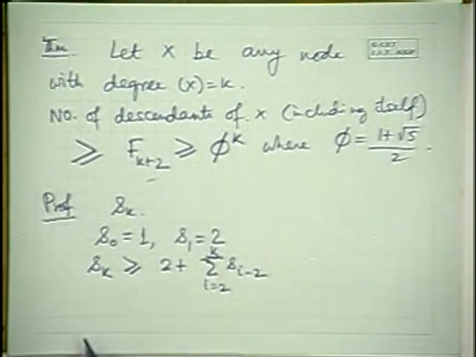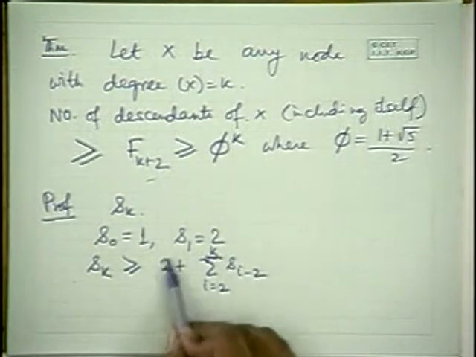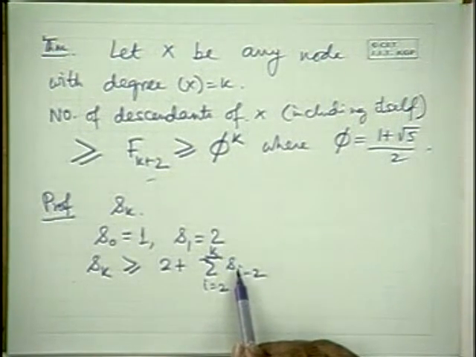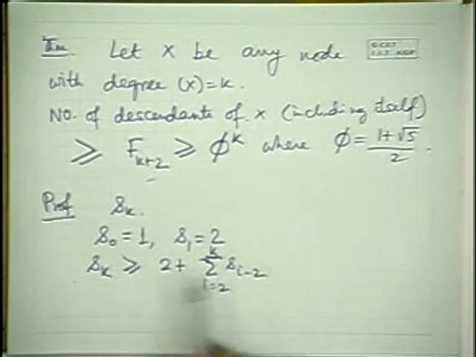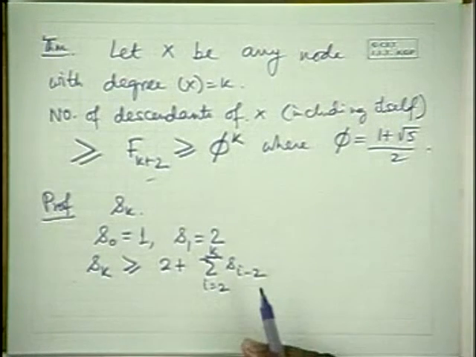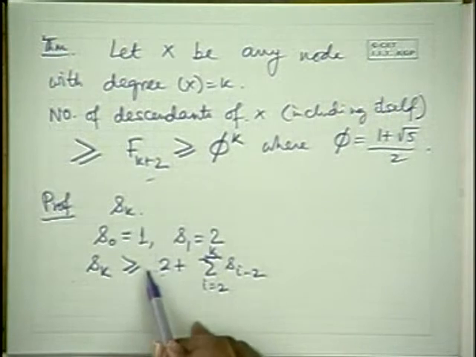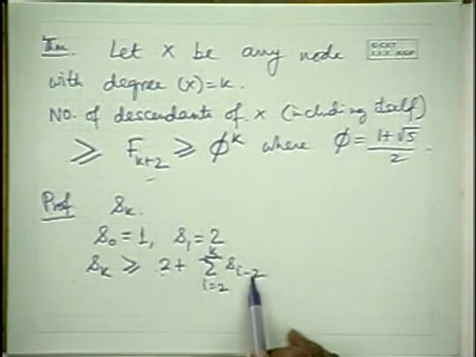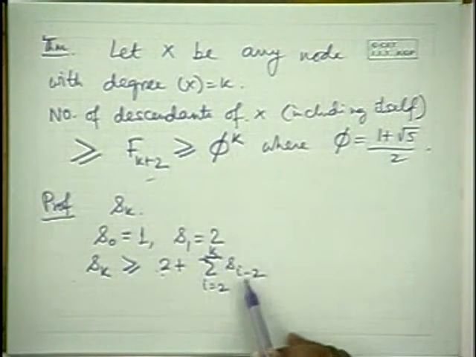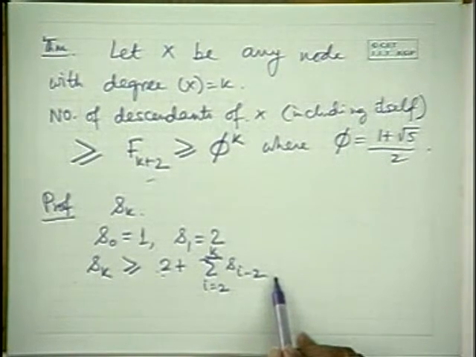This is the claim. Thus, the total number of descendants with degree k must have at least this many nodes. You can see why this term is coming. It is coming because of the previous claim. You take y1 and y2, you take out y1. y1 and itself give you 2, this value 2. Then y2 onwards they have degree i minus 2 at least. That means S(i minus 2) I can recurse. This is a recurrence relation, because of that claim.